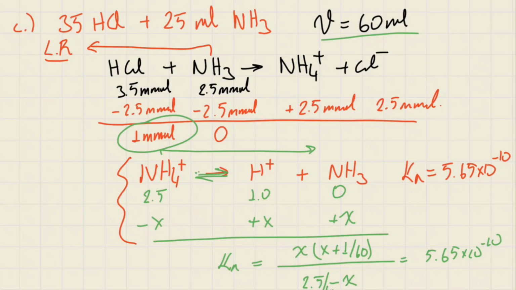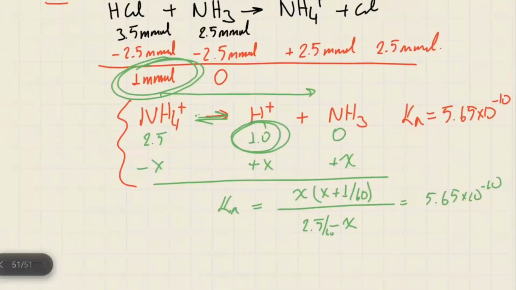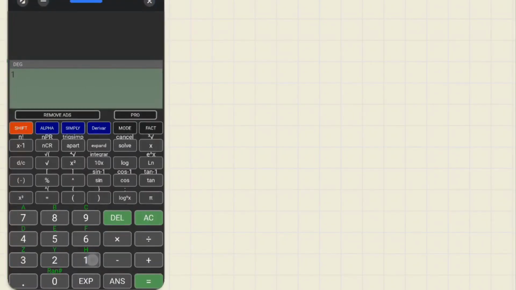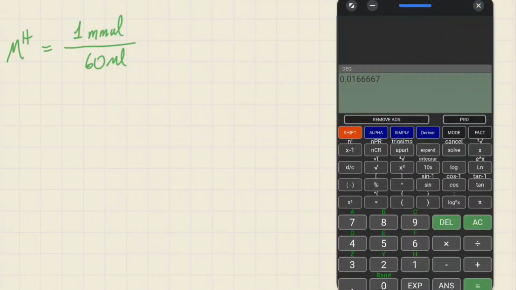So we can say that the hydrogen plus concentration is equal to 1 millimole over the 60. So we have to convert it to the molarity, 0.01667.